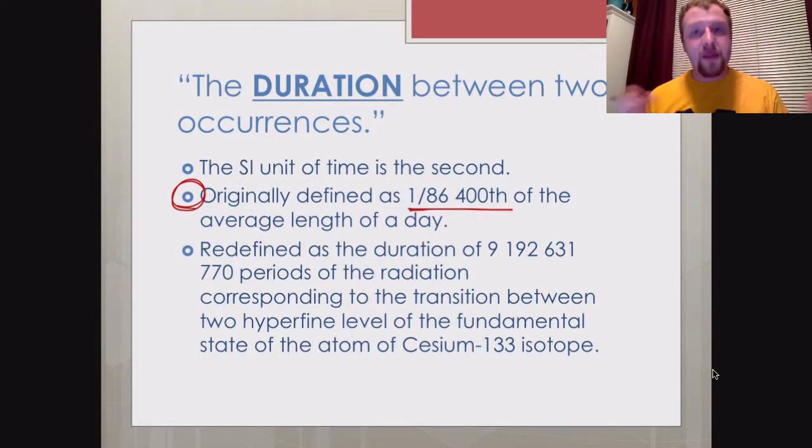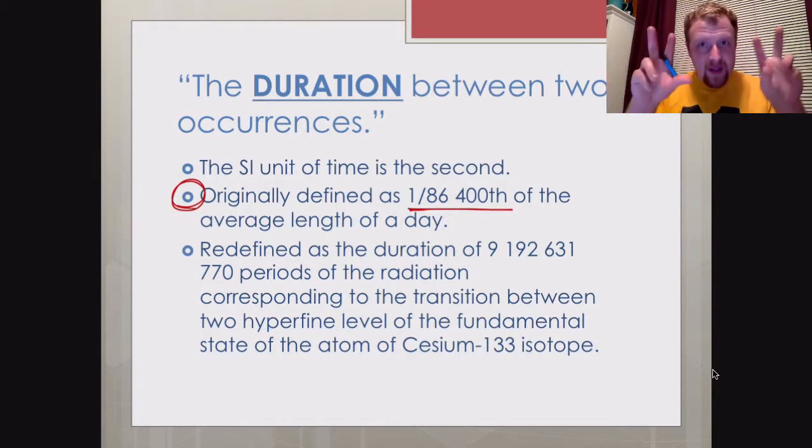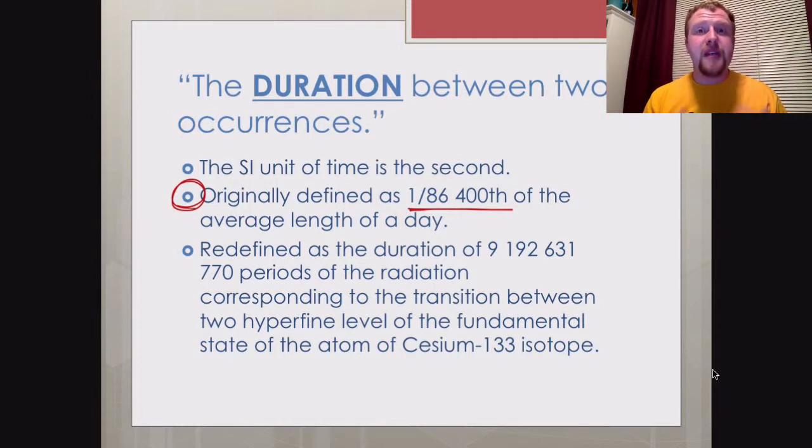But the big picture here is that there's actually something out there that scientists measure and use as the definition of a second. So what we do as scientists is we find things in nature, real objects, real occurrences, so to speak, that we can use as definitions for our units. This way, we can check our units every once in a while to make sure that they're right.